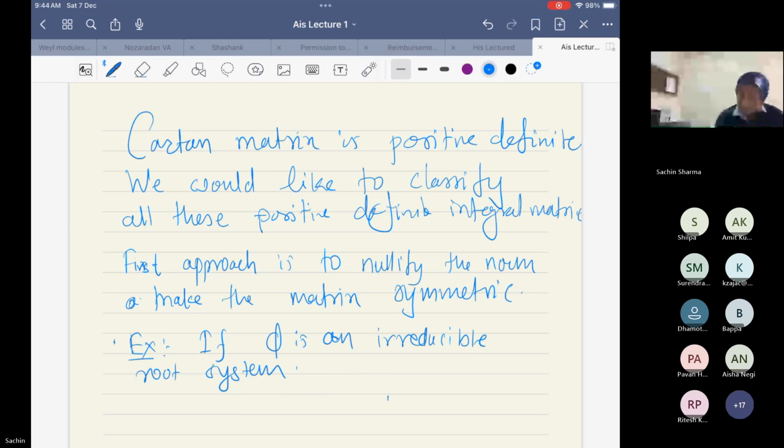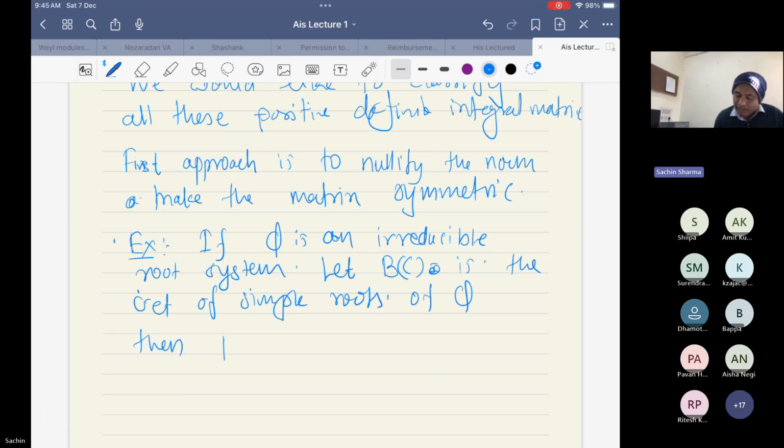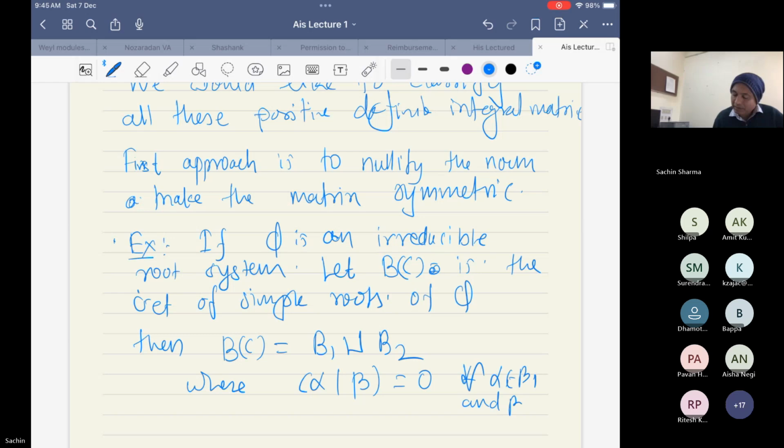Let B be its set of simple roots of phi, then you cannot write B as a disjoint union of B1 union B2, where every element of B1 and B2 are orthogonal to each other, for all alpha belonging to B1 and beta belonging to B2.